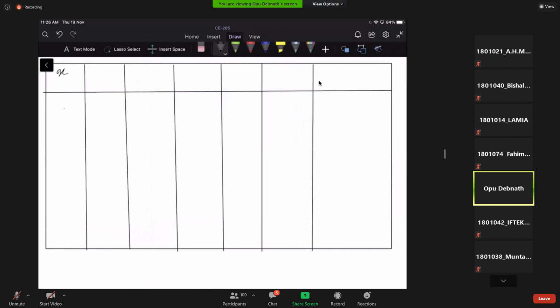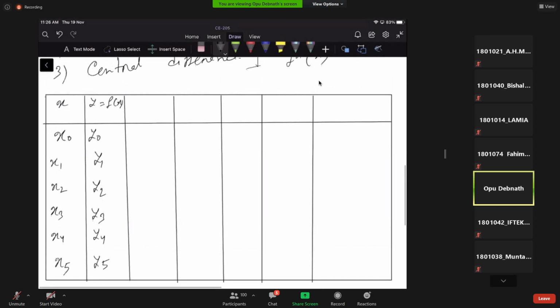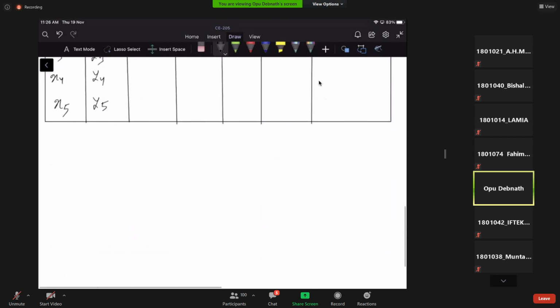So this is x, and this will be y is equal to f of x: x0, x1, x2, x3. We'll take up to x5 for an example. y0, y1, y2, y3, y4, y5.